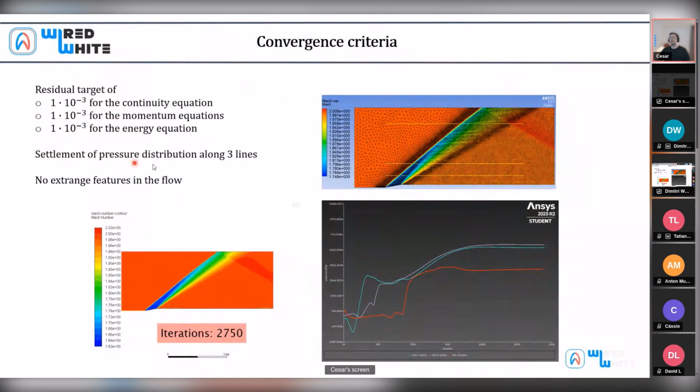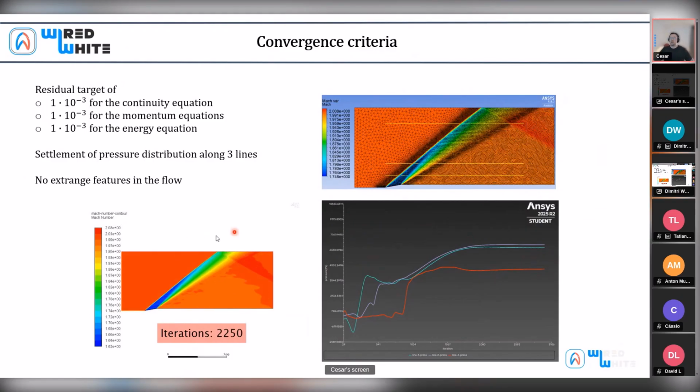Then we have the settlement of the pressure distribution along these 3 lines that I have introduced before, and here we have the evolution of the pressure over these lines throughout the iterations. So we need to run this simulation long enough until we reach convergence, until we reach a steady value of these metrics.